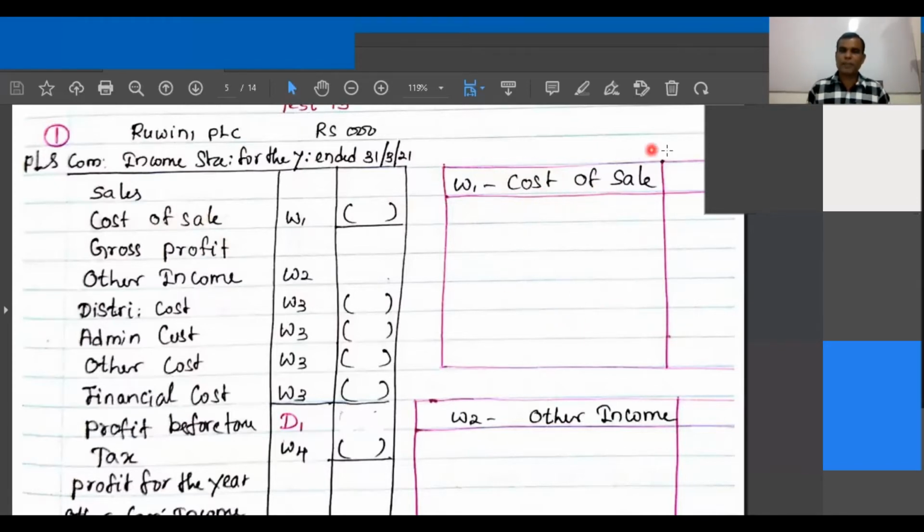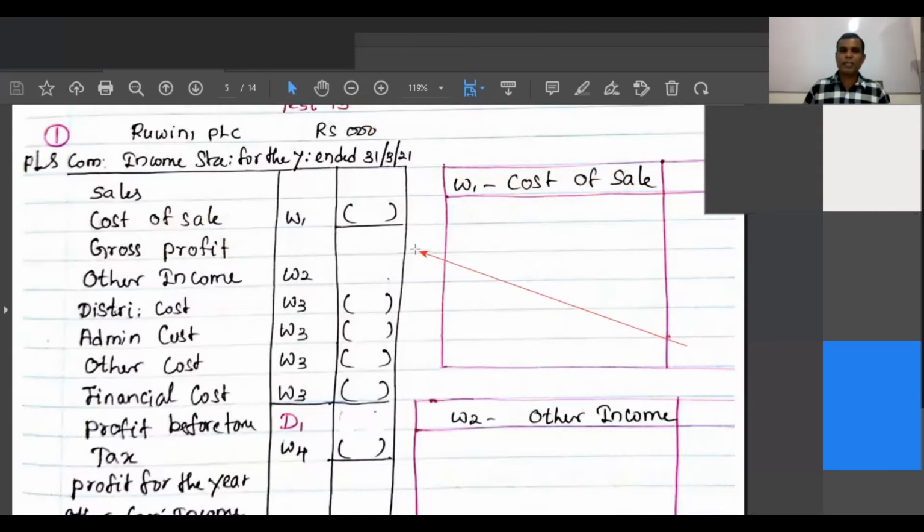So please take a separate small statement to calculate cost of sale, and the total value should be taken here. After calculating the cost of sale, that amount should be taken here as the total.